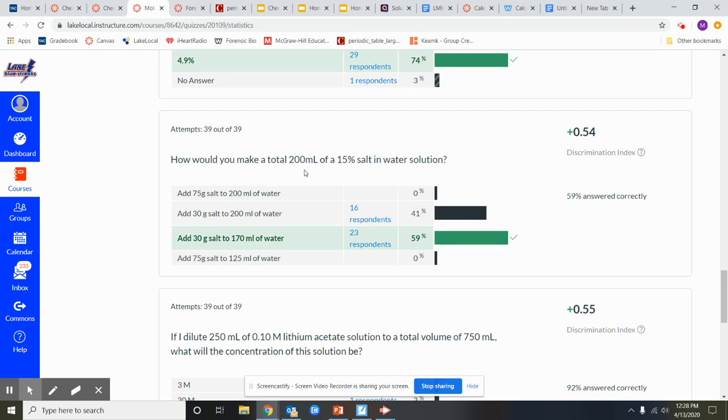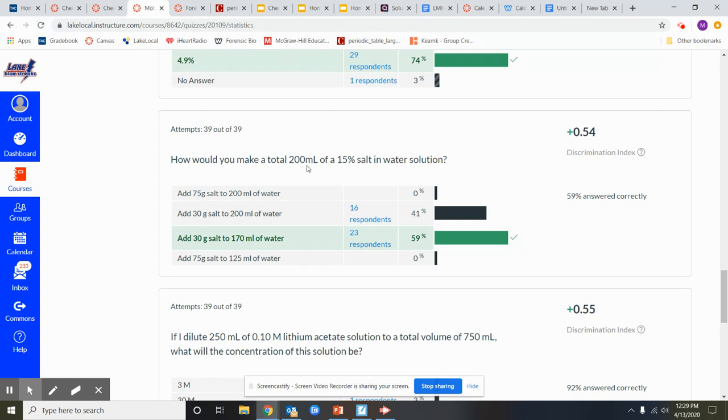When you add your solute into your 200 milliliters, that's not going to give you a total volume of 200 milliliters. So when you make solutions, you don't put in your final amount until after you put in your solute. For example, in this case, I'm going to add 30 grams to only 170 milliliters of water because that is going to then get me up to my 200 milliliters.